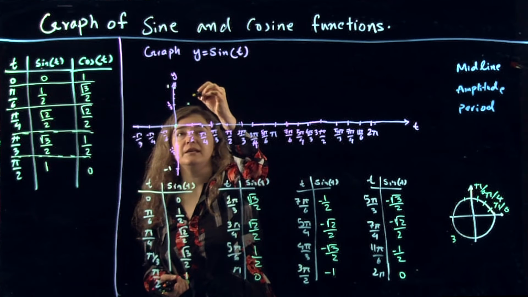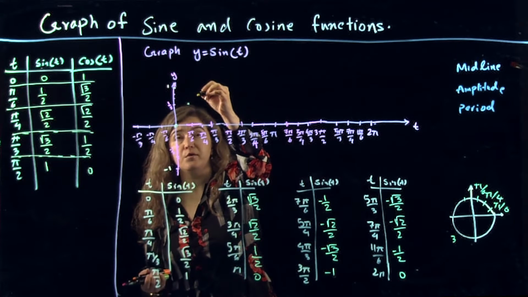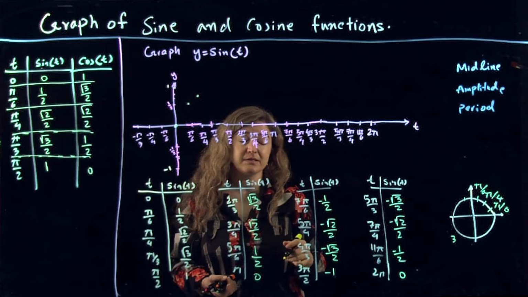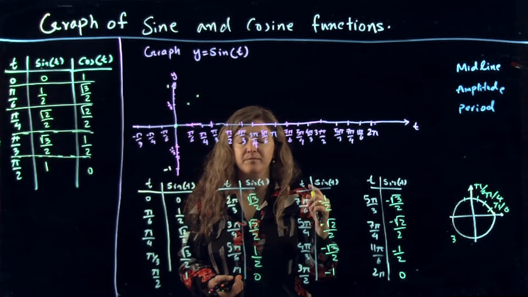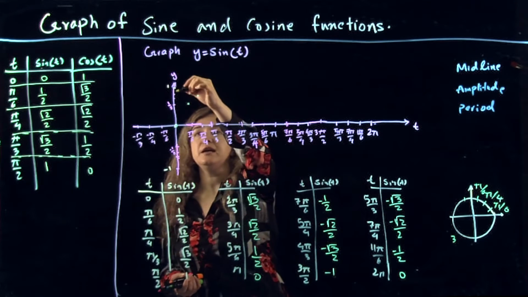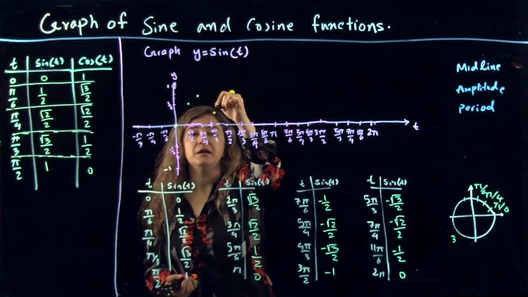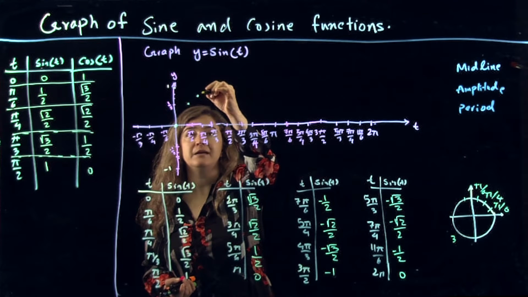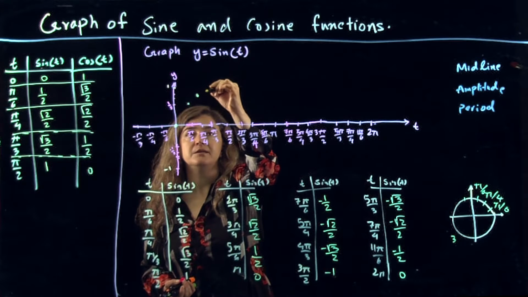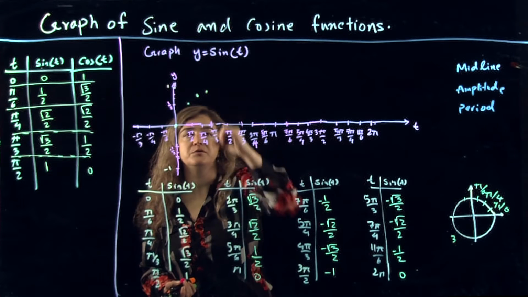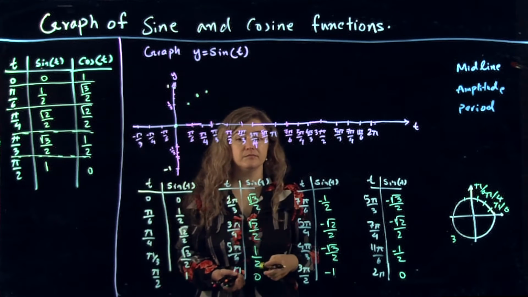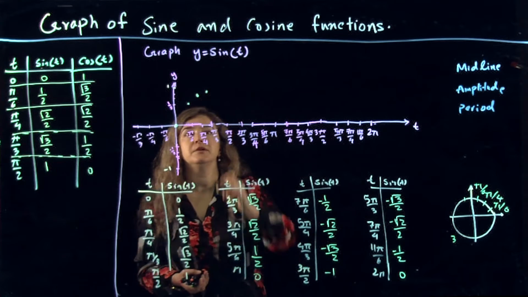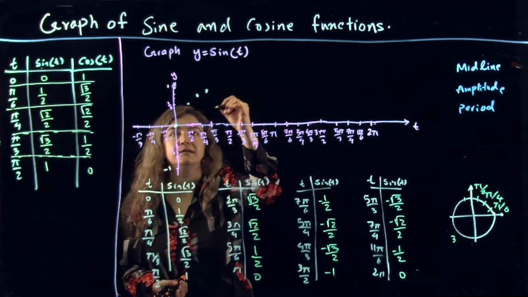For pi/4, I'm getting square root of 2 over 2, which is about 1.4 divided by 2, about 0.7. And for pi/3, I get a little higher than that, because it's going to be square root of 3 divided by 2, which is 1.7 divided by 2.